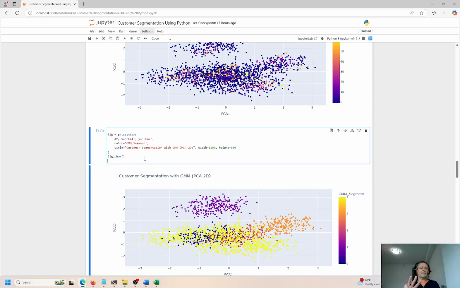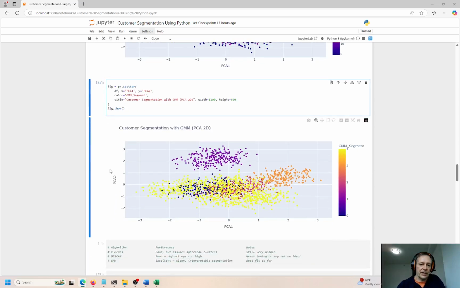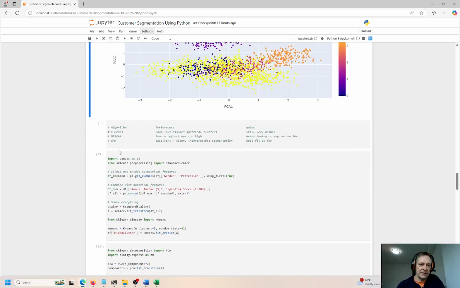So now we've tried 3 different clustering techniques, k-means, the DBSCAN and the GMM, and we're still coming up short, right? So how can we cleanly define these clusters? I have some notes over here about what these things do. K-means is good, but it assumes spherical clusters. DBSCAN is poor in this case, and in a lot of cases.